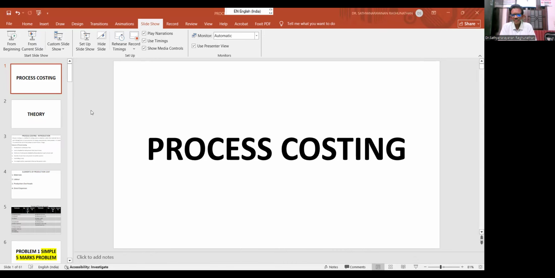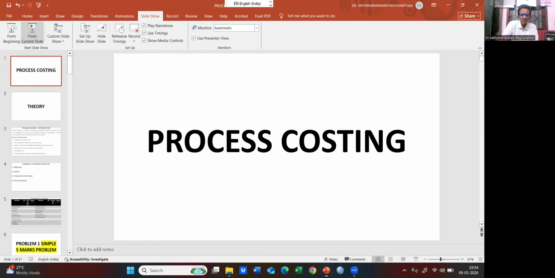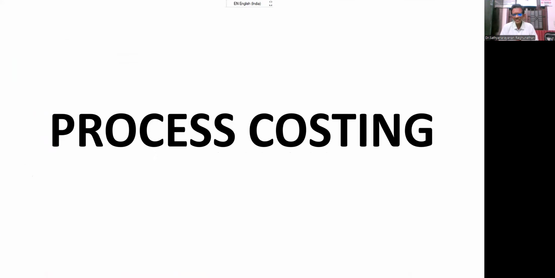What do you understand by the term process costing? In any manufacturing concern, if you are manufacturing any product, you have to follow different processes and implement different stages of production. Only then will you finally reach the final product stage.